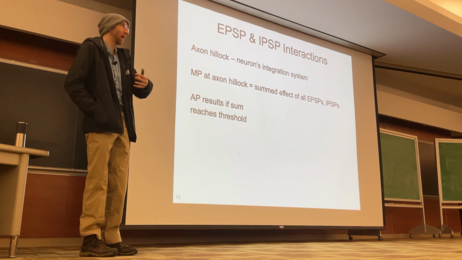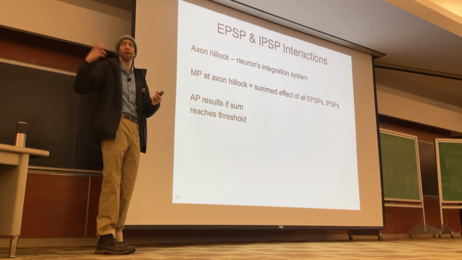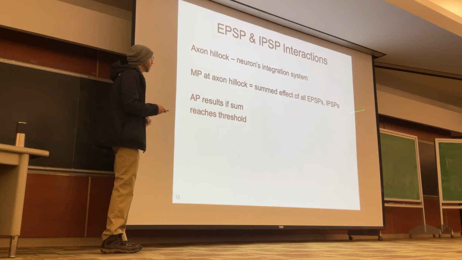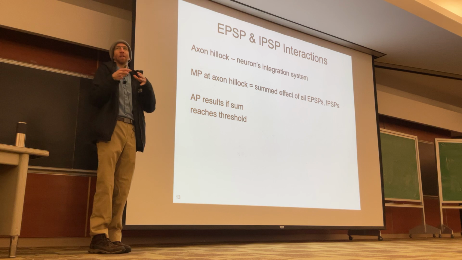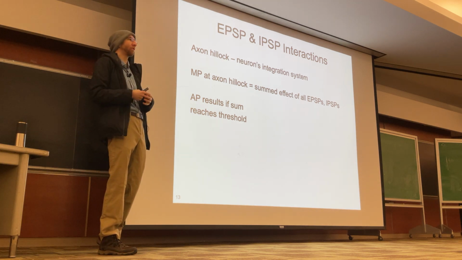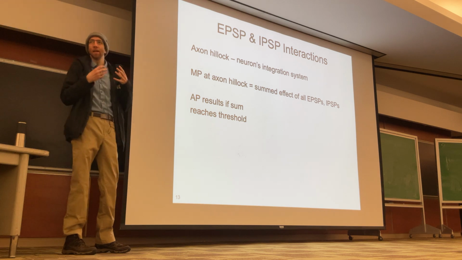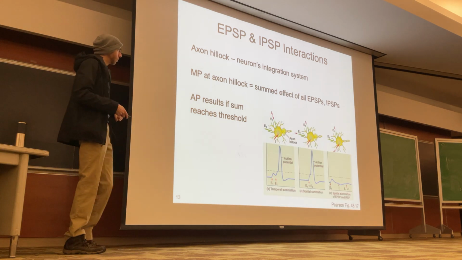Any neuron in your nervous system can at any point be a postsynaptic neuron, where it's receiving signals from other neurons. We take all of those signals together at the axon hillock, remember, the very base of the axon, where it starts to extend away from the cell body. That's where we're doing this math, and we're seeing if we hit the threshold potential and generate an action potential.